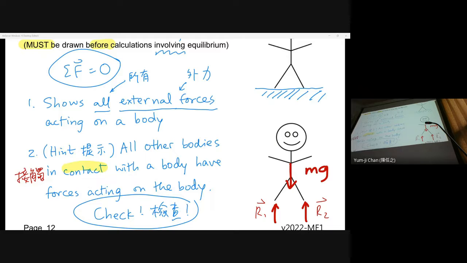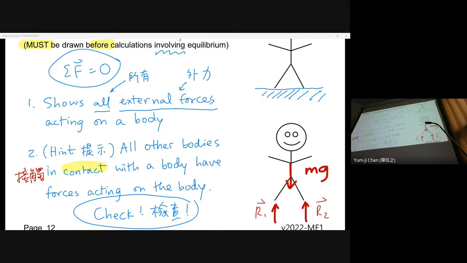It can be equal to 0, but remember that if other bodies have contact, then it should have forces, okay? For example, I am standing here, so of course there are reactions from the floor. If my hand is touching the desk here, the desk has force onto my hand, okay? And so all other bodies in contact with me have forces acting on me. Sometimes after some calculations it is equal to 0, it is okay.